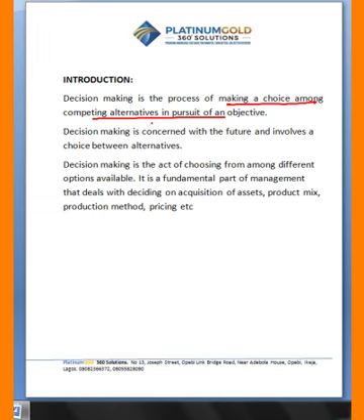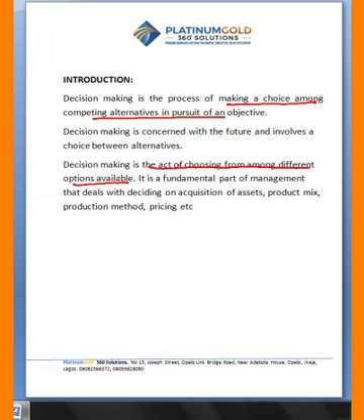As we all know, decision is all about the future, it's all about a choice, it's all about achievement of a desire. So decision making will be concerned with the future and involves the choice between options or alternatives. So we can say that decision making is the art of choosing from among different options available.